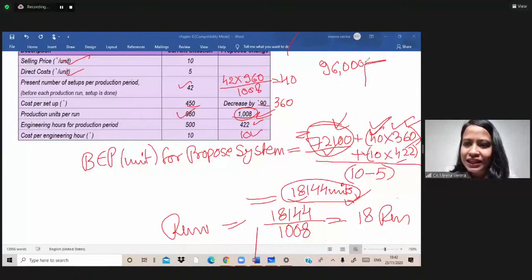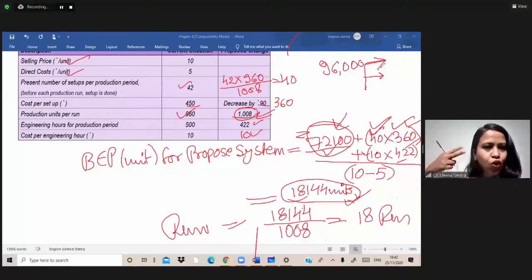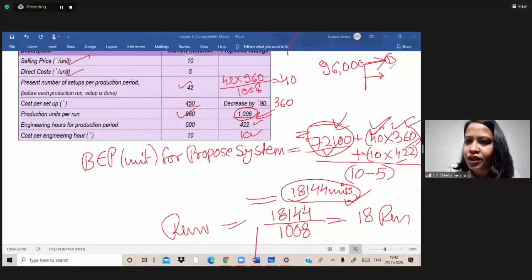Out of these 96,000, you have to bifurcate it on the basis of two cost drivers, 1 and 2. You don't know the value. They have just mentioned that out of these 96,000, you have to bifurcate these fixed costs on the basis of two cost drivers, and what the value will be is not mentioned here.